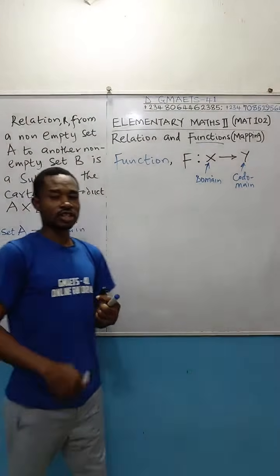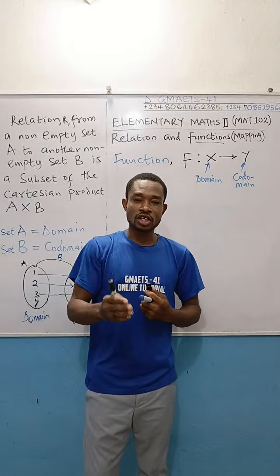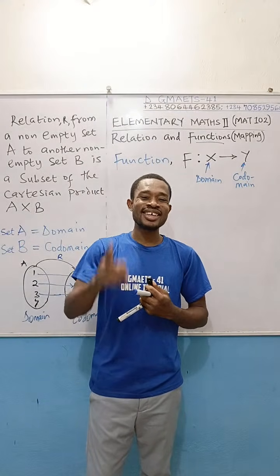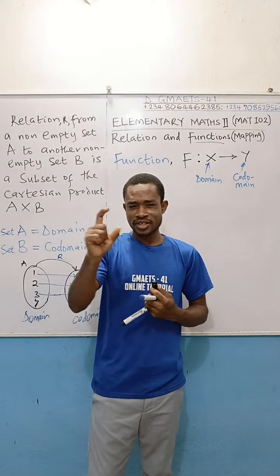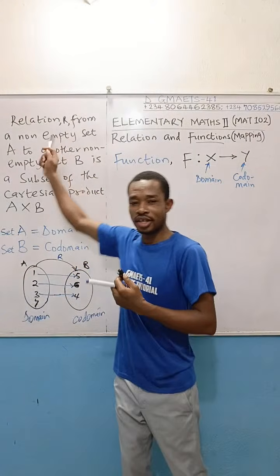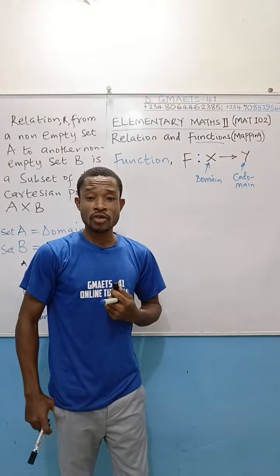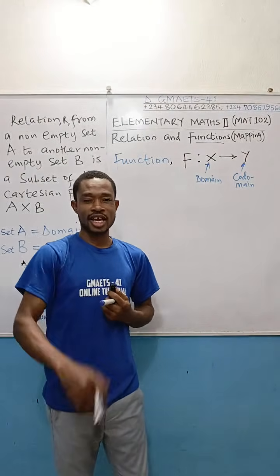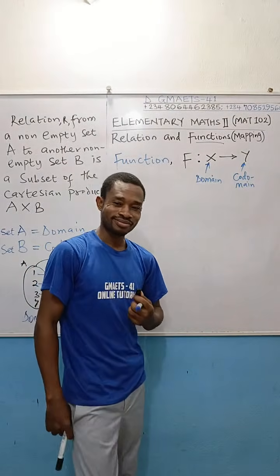So let's define a function. A function is defined as a relation. Did you take note of that? A function is defined as what? A relation, which simply means that all functions are relations, like I said, but not all relations are functions.